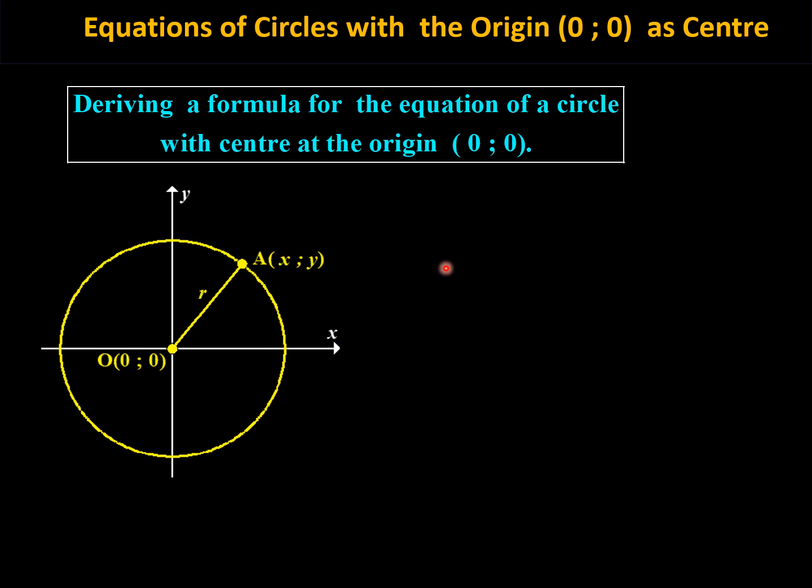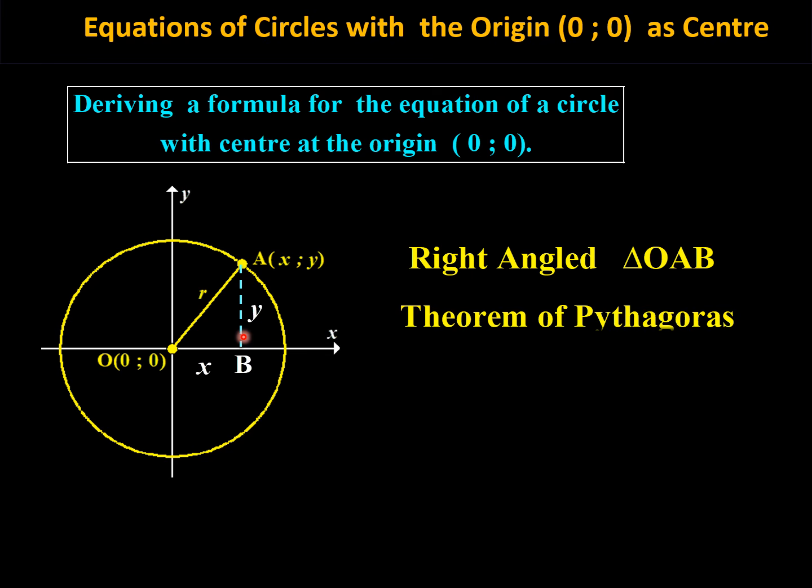Now, if you draw a perpendicular line to point B, what do we get? We get the y value of AB would be y, and OB would be x. Because AB is perpendicular, it means I have a right angle triangle, and with a right angle triangle, I associate the theorem of Pythagoras. So let's apply the theorem of Pythagoras there.